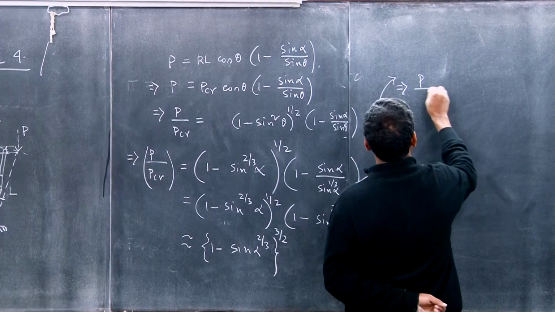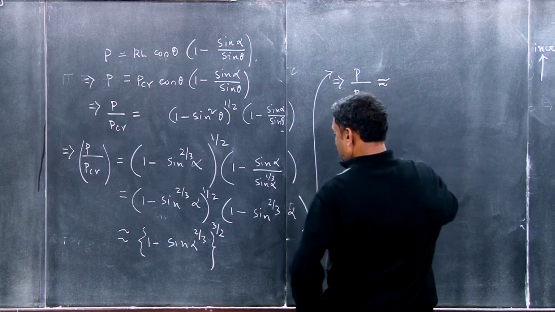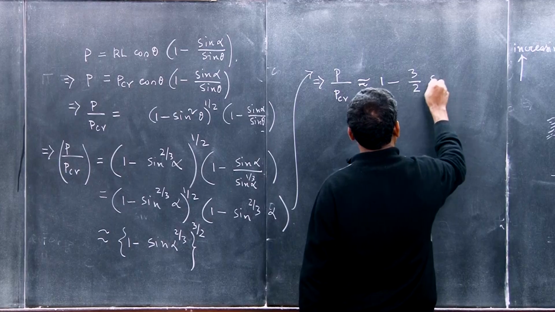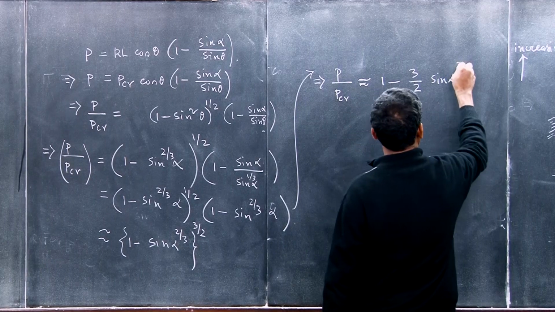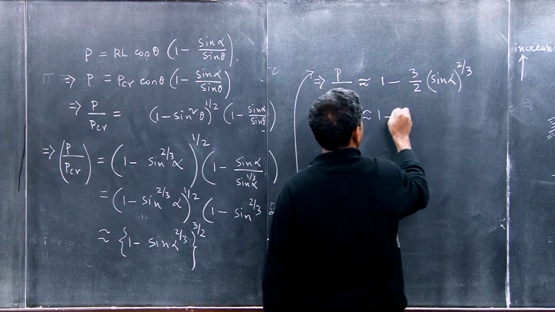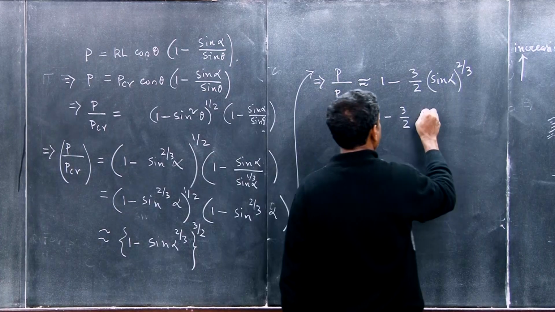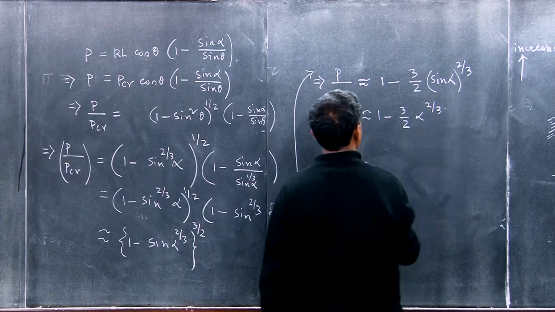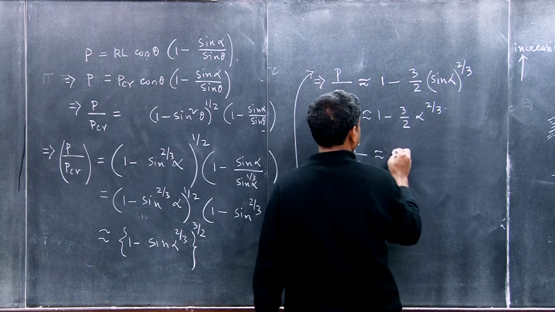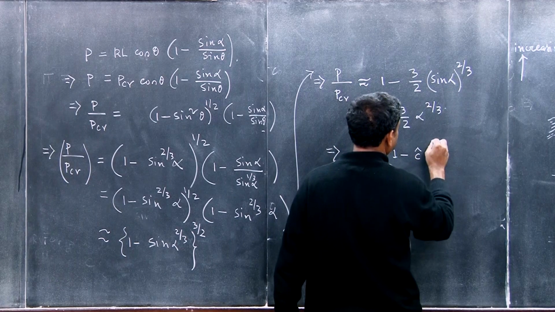So P by P critical will be, if you take binomial, 1 minus 3 by 2 sine alpha to the power 2 by 3. We can assume sine alpha to be alpha if alpha is small, right. So alpha to the power 2 by 3. So what we see is that P by P critical can be approximated as 1 minus some constant C times alpha to the power 2 by 3.